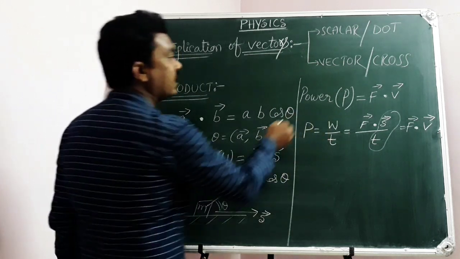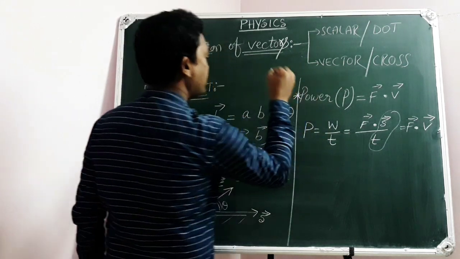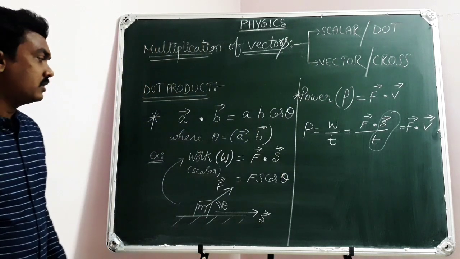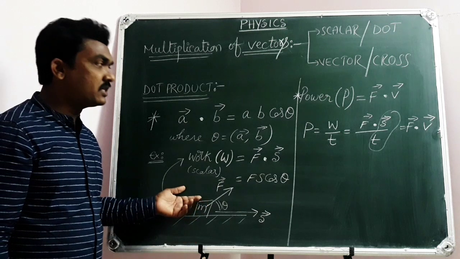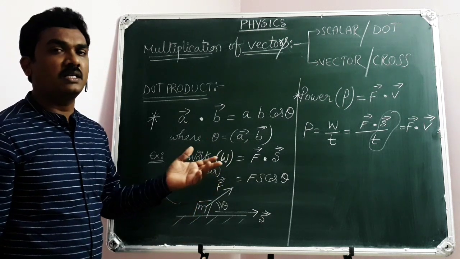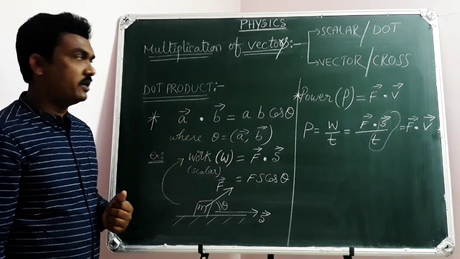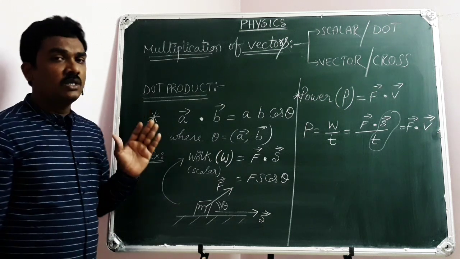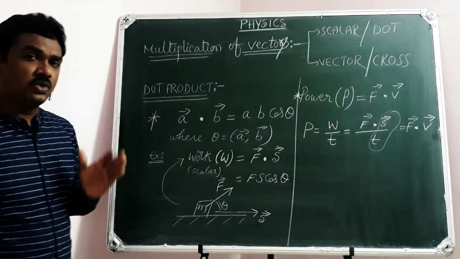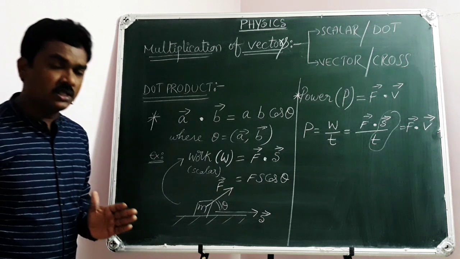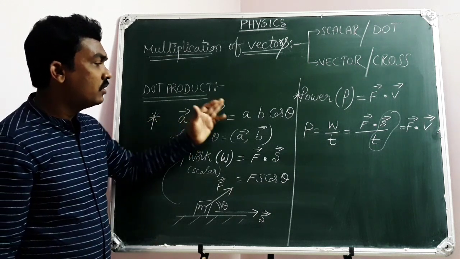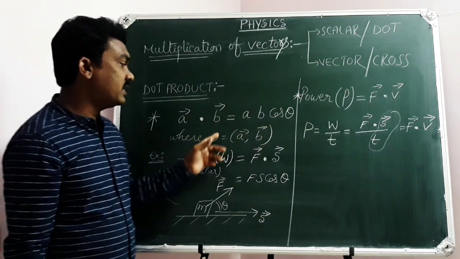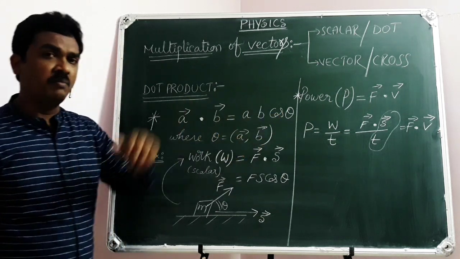So here, this is another example of a dot product of vector physical quantities. I gave two examples. Few more examples are there, but at your standard, these two can be understood very clearly. So this is all about the dot product of any two vector physical quantities, which is defined as a bar dot b bar equal to ab cos theta, where theta is the angle between a bar and b bar.